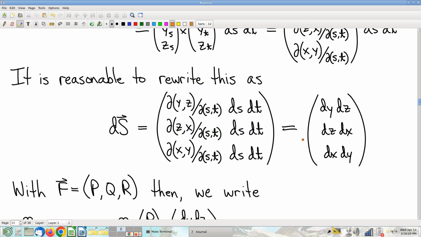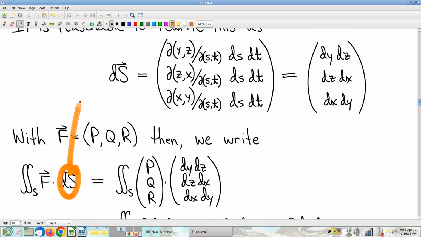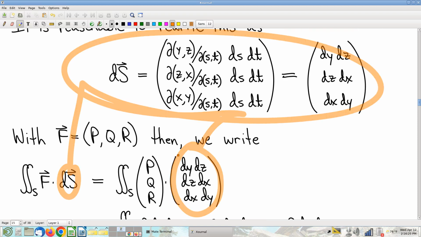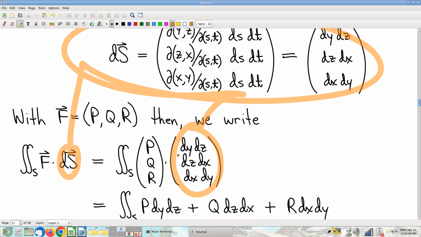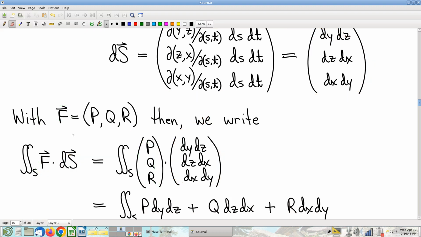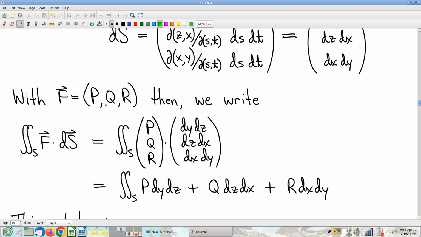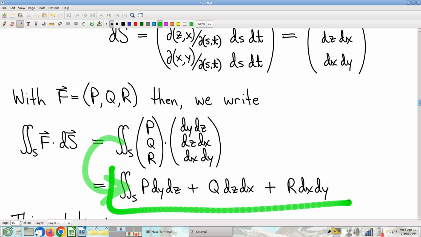So with that in mind, ds is that. We're going to use the usual convention of calling our vector field PQR, which is that. In other words, just plug in everything in terms of coordinates, and as a result, this integral turns into whatever this thing is, and this is what we're going to define as a coordinate surface integral.